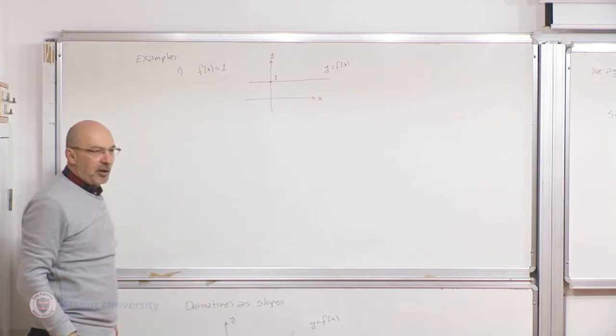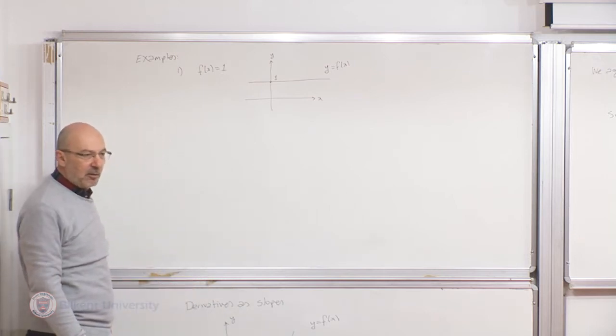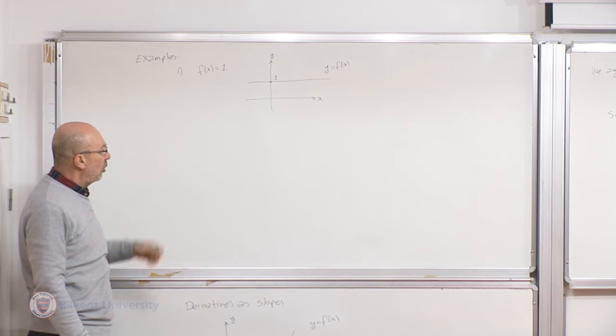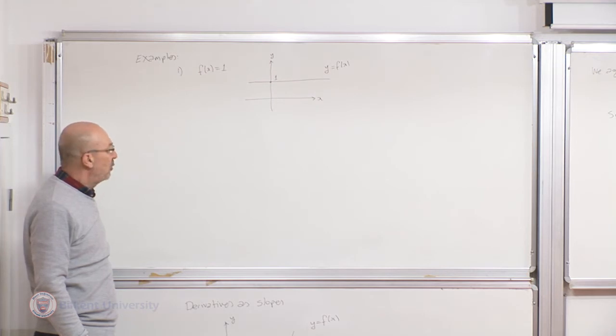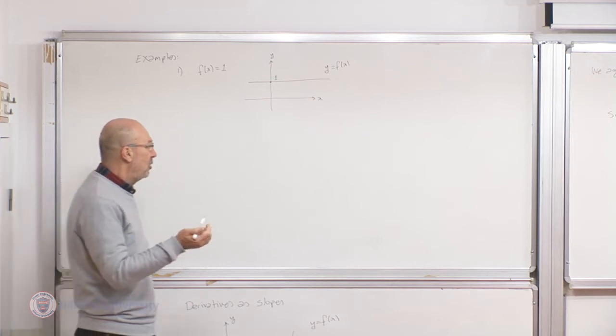So it's already a straight line. So we expect the tangent line to be itself. At any point, the equation of the tangent line must be y equals 1. Let's check if these calculations will give that.